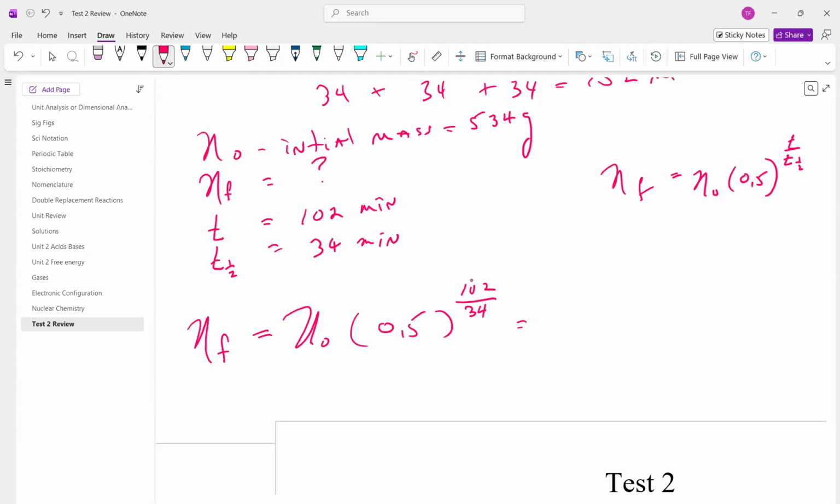We know the initial mass is 534 grams. And what's 102 divided by 34? Great. So to do this in a calculator, you go 534 times 0.5 caret 3. And guess what I got?